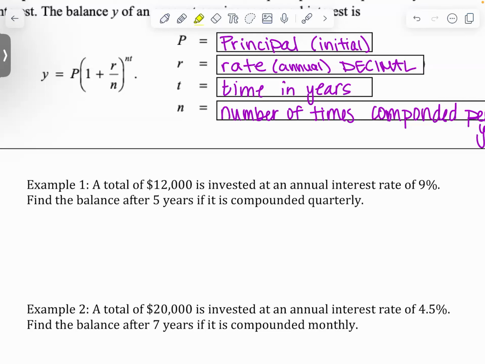Brooks, what is 12,000 telling us? Okay, so 12,000 is our P. I'm going to put a P above it. Noah, 9%. What is that telling us?